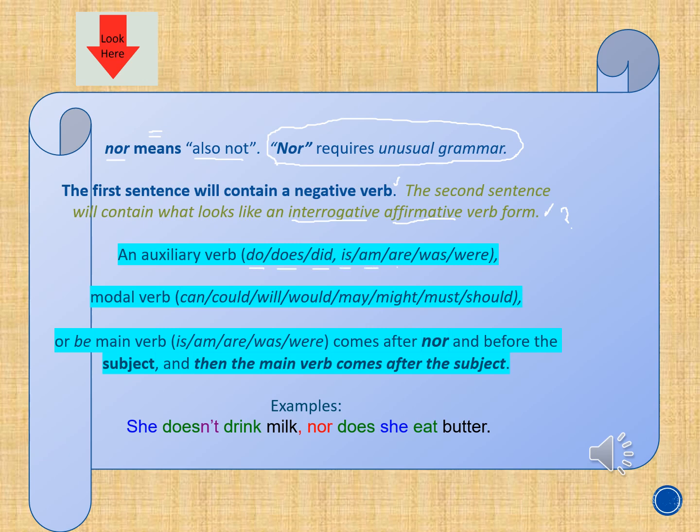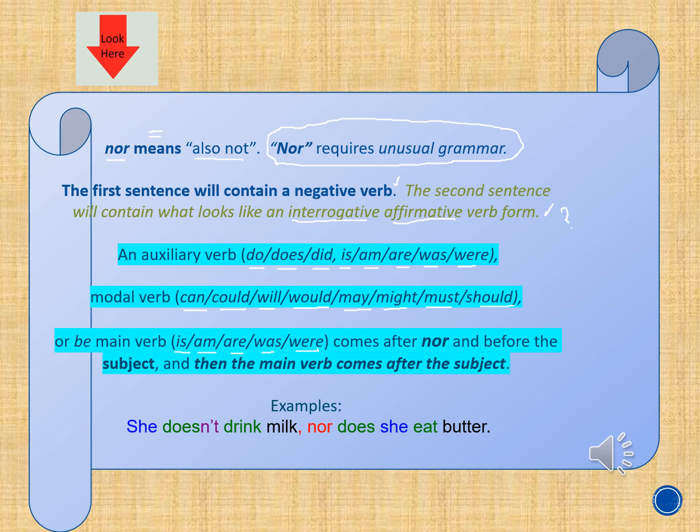Also, you might need to use can, could, will, would, may, might, must, or should, or the verb be, as in is, are, was, were. I repeated that from the beginning, so it's okay. Don't worry, you will understand this. I'm going to explain it to you.